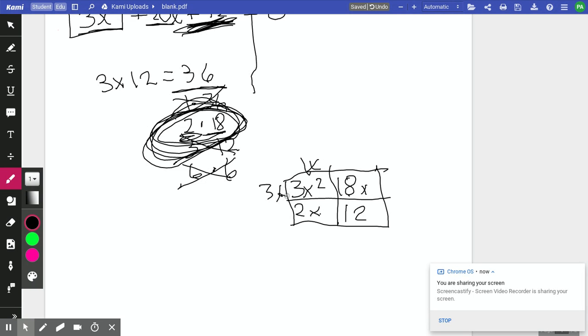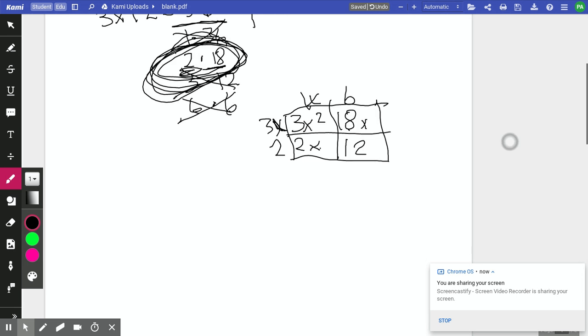And a good way to check it is just by multiplying those numbers. So 3x times 1x equals 3x squared. And then for this one, you're going to put 6 because 3x times 6 equals 18x. And for the third one, it's just 2 because 2 times 1x equals 2x. And that completes your box chart.